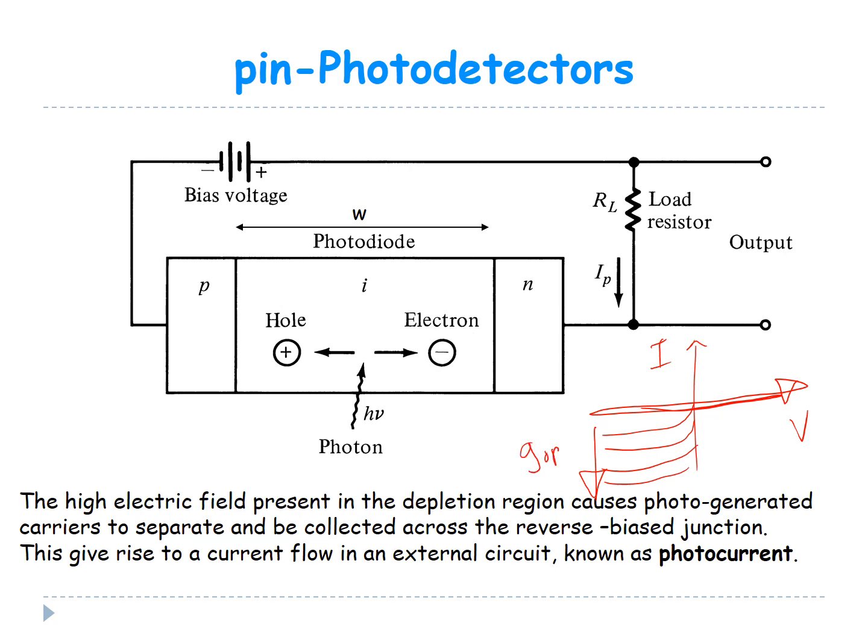If GOP increases, the photocurrent, the reverse current, also increases. So if you reverse bias your photodiode, you can make a photodetector.